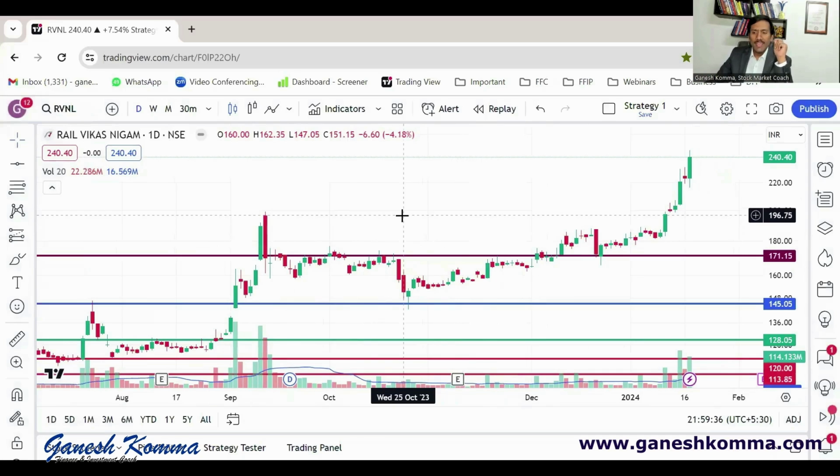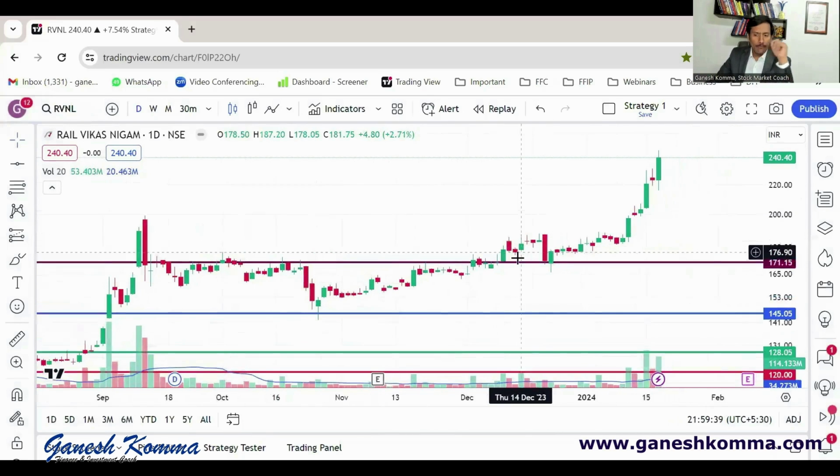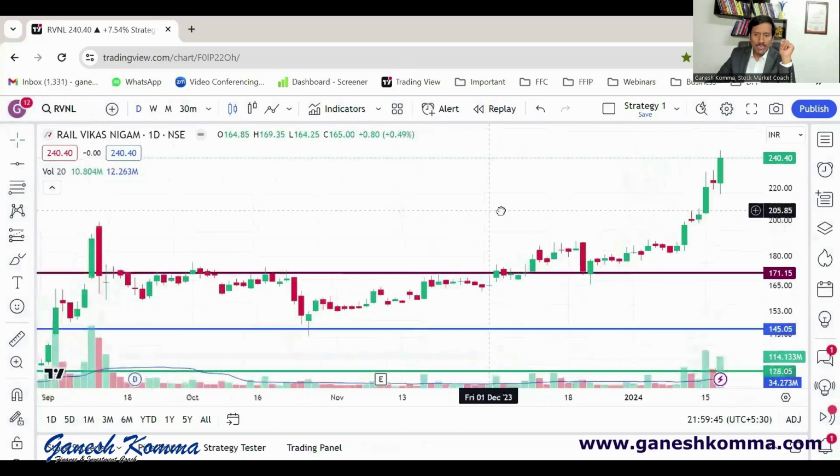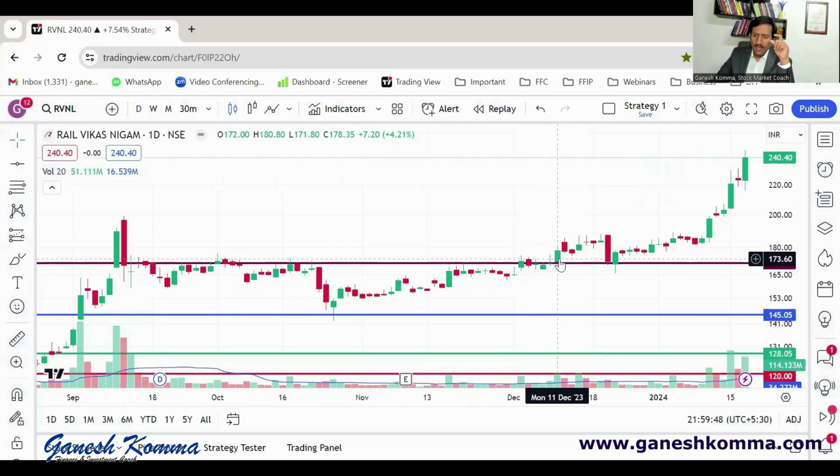Now in RVNL, look at the candle on 11th December. It's a very healthy candle along with a good volume.